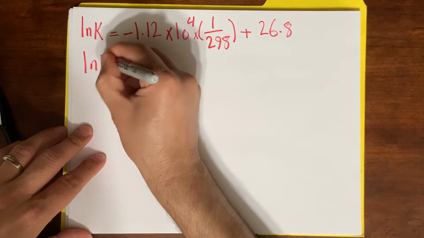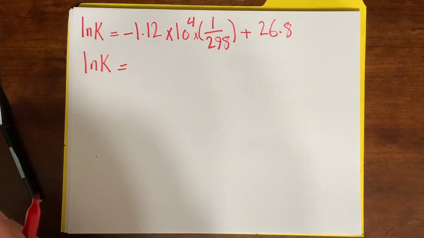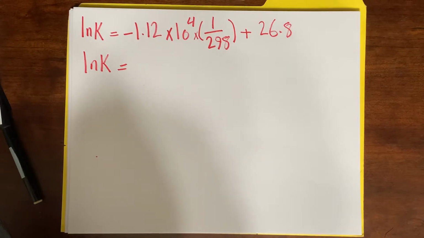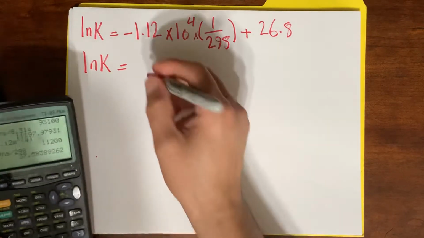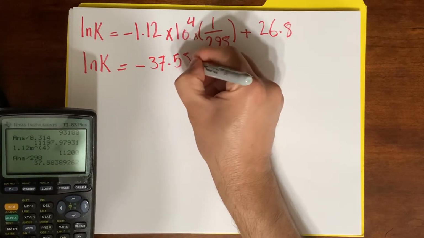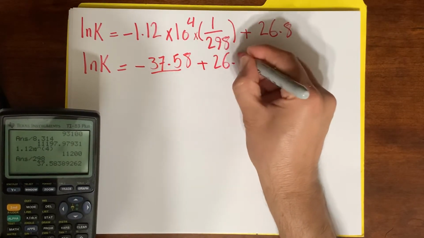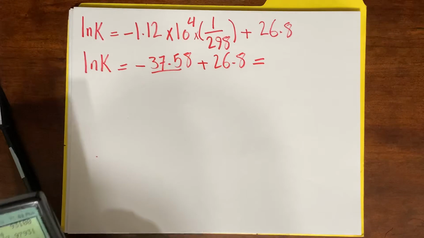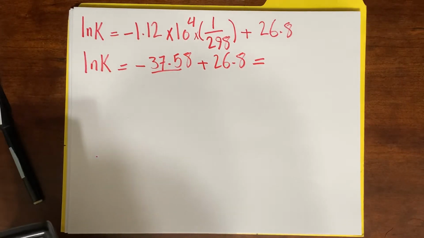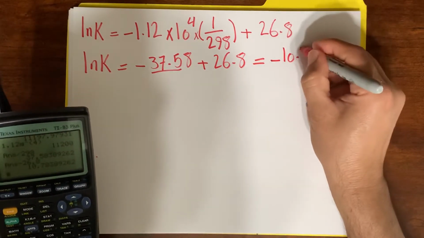So ln of k, divided by 298, the answer is here: minus 37.58 plus 26.8. Minus 26.8, it will be minus 10.8.